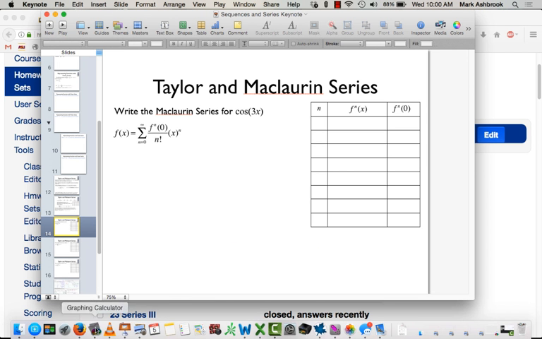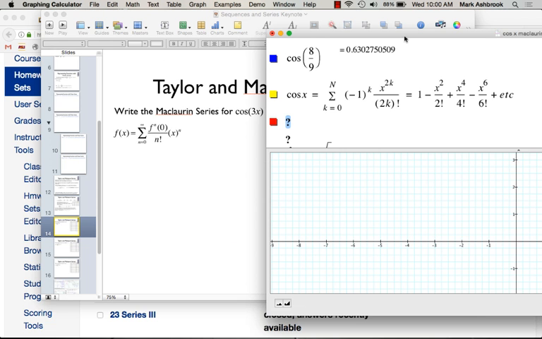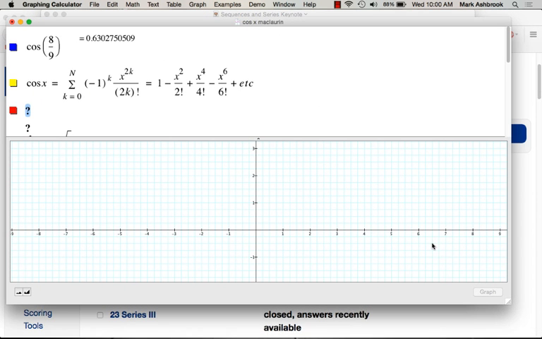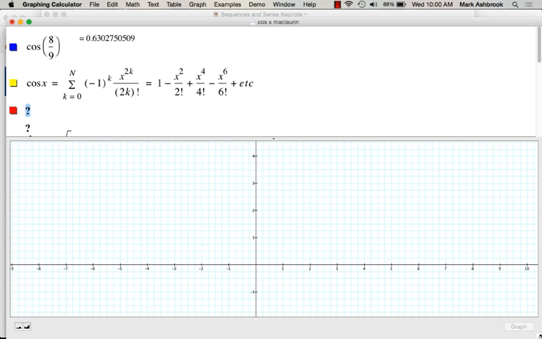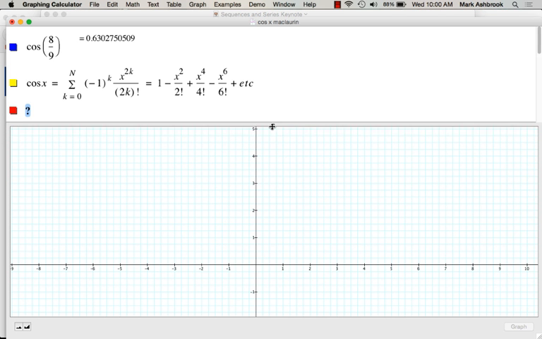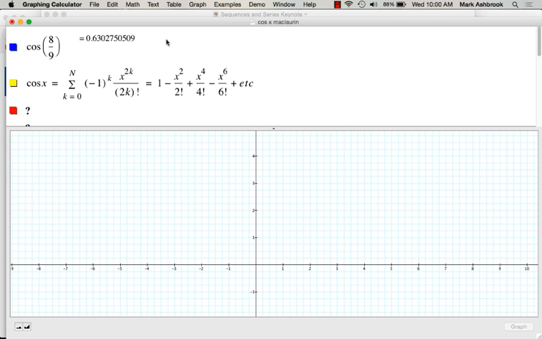So let's take a look at that. Here I have cosine of 8/9. Cosine of 8/9 is 0.630275, etc. That's an irrational number. Those decimal places will go on forever and not repeat. So how did my software, a graphing calculator, come up with this decimal value?